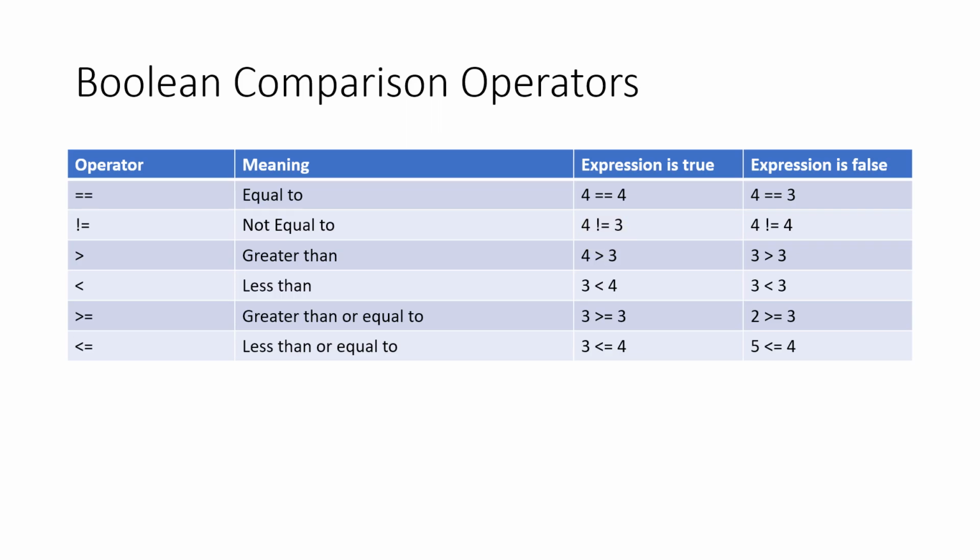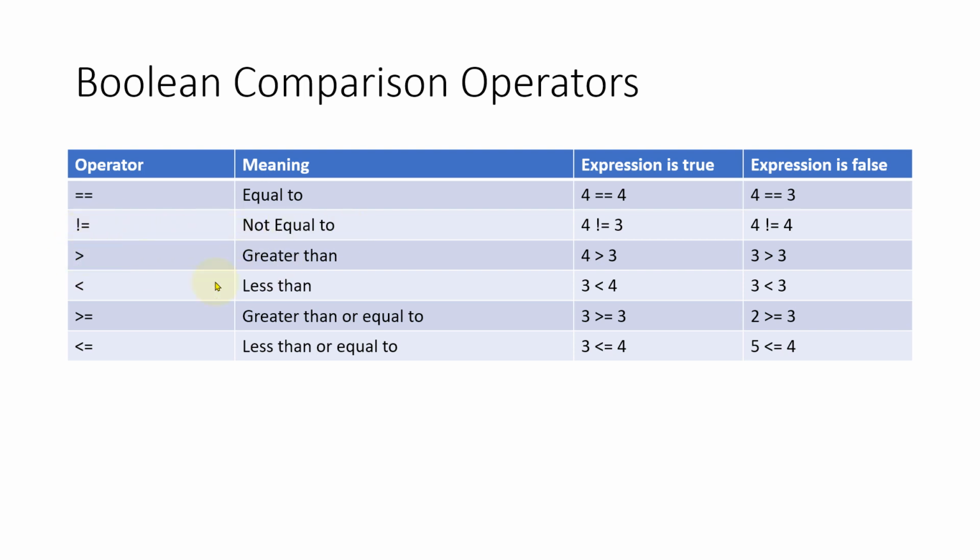So this is a chart showing all of the Boolean comparison operators that you can use in Python. Comparison operators let us compare values such as numbers or strings to see if they are equal, greater than, and things like that. So you can see we have double equals, which is equal to, and we have the exclamation point equals, which means not equal to.